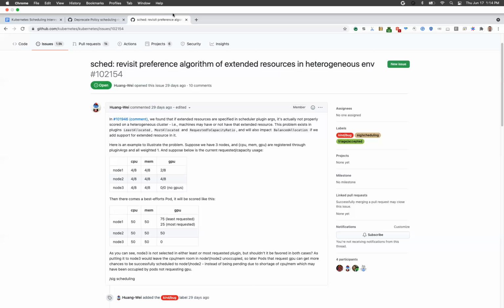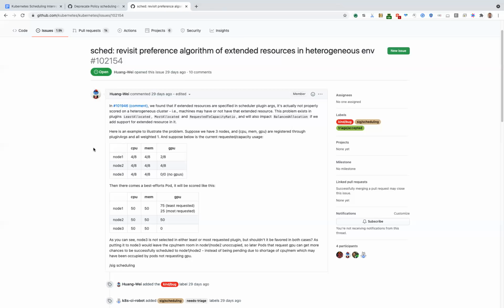But does the scoring consider, for example, if a pod needs GPU resource, what is available GPU on the node? For example, for a node that has more GPU, are we going to give it a higher score? Right, so there are 3 different scores.